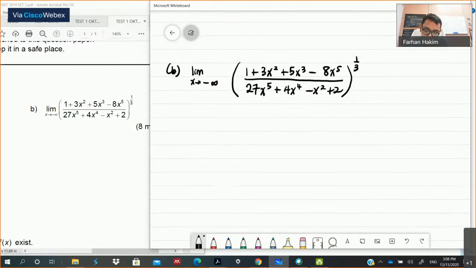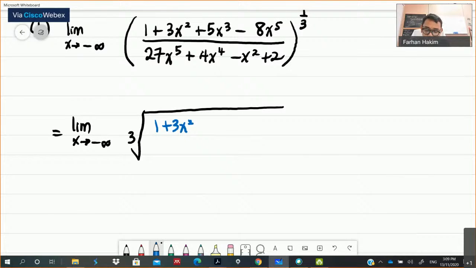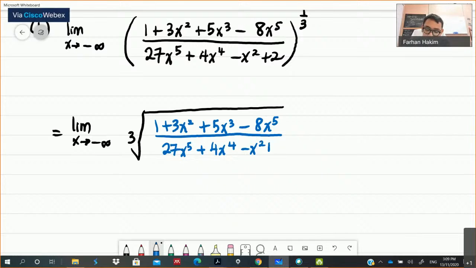So I'll just rewrite this as the limit as x approaching negative infinity. Because it is 1 over 3 here, it will be a cube root. Cube root of what? Cube root of this 1 plus 3x squared plus 5x to the power of 3 minus 8x to the power of 5, everything over 27x to the power of 5 plus 4x to the power of 4 minus x squared plus 2.